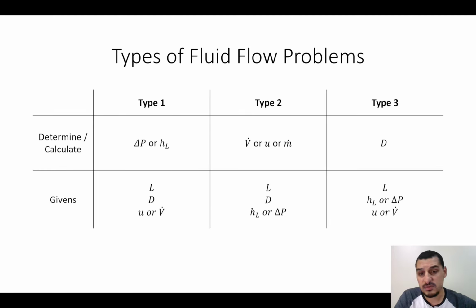We know the density and the viscosity of the fluid, of course, and the roughness of the surface from the pipe material. So we know the Reynolds number and the relative roughness, and we can calculate the friction factor directly, substitute in Darcy's equation, and calculate the losses, and then substitute in the Bernoulli equation to calculate the pressure drop if we are interested in it.